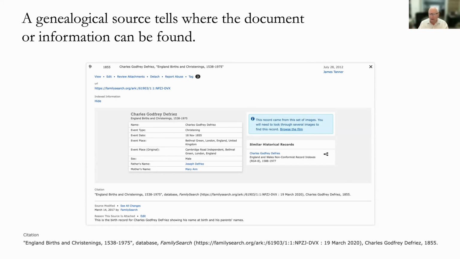And for instance, the standard source citation for a book gives you the author, the title, the publisher, the date of publication, and maybe, if you're really lucky, a page number to look at in the book where the information came from. What is that missing? It doesn't tell me where you got the book.